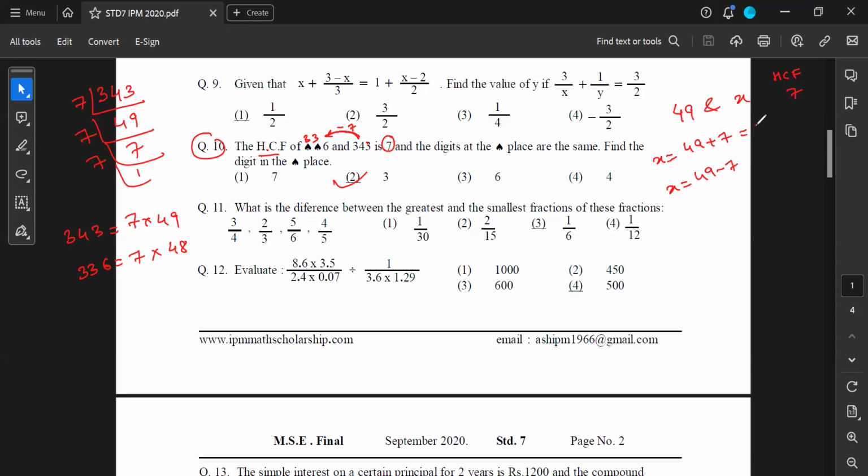So 56 can also be the other number, and 42 can also be the other number.